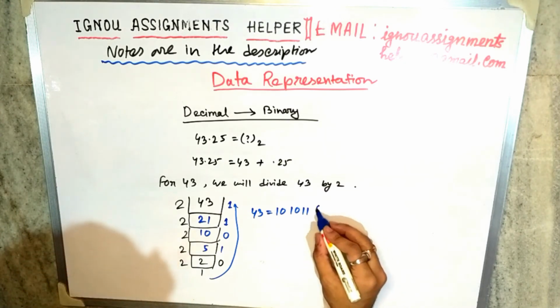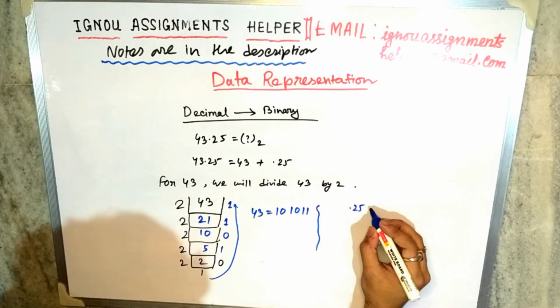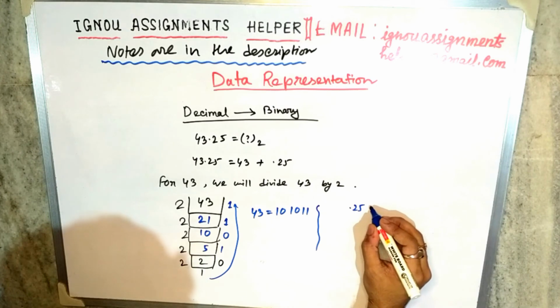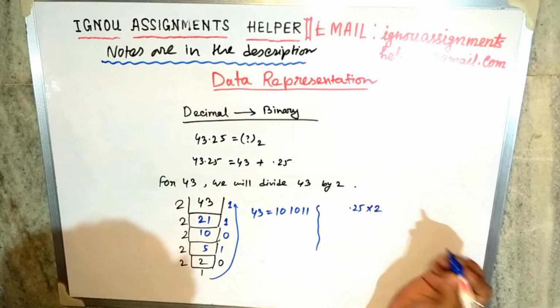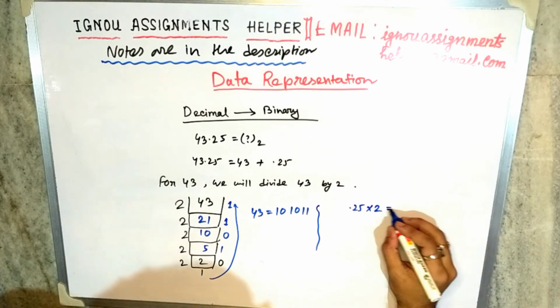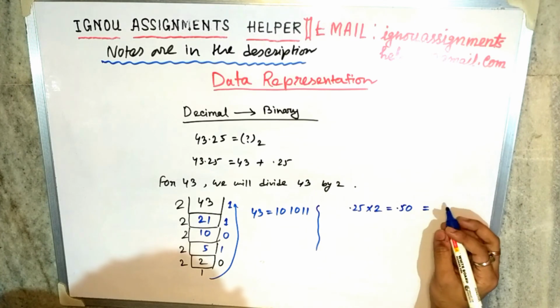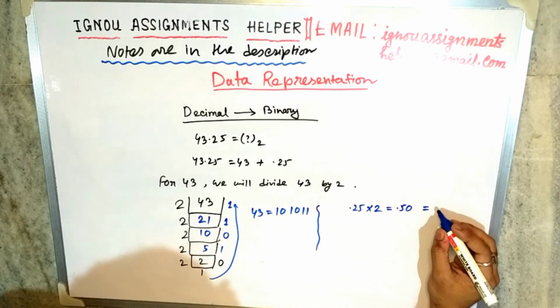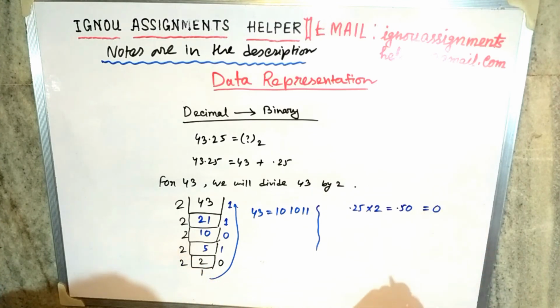And now if we go through 0.25, this process is quite simple, because for making it binary, we need to multiply it by 2. So if we multiply it by 2, what will we get? 0.50, and we will not get any 1 before the point, so here it will be 0.